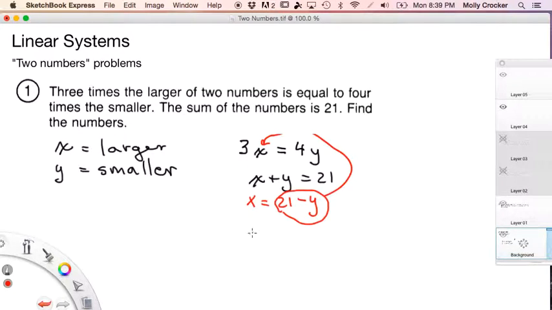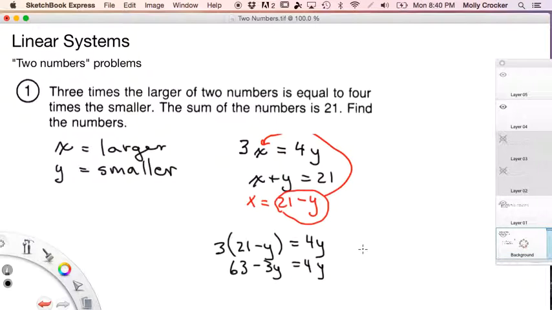So then I can rewrite that equation with an x, 3 times, now when you make your substitutions, be sure to make them in parentheses, equals 4y. So 3 times 21 is 63 minus 3y equals 4y.